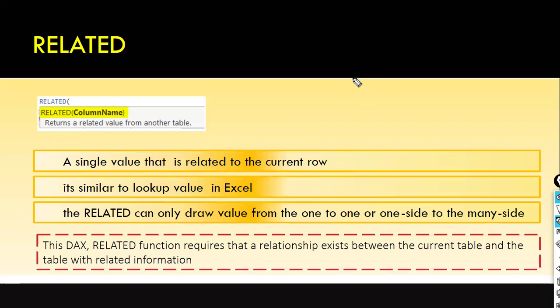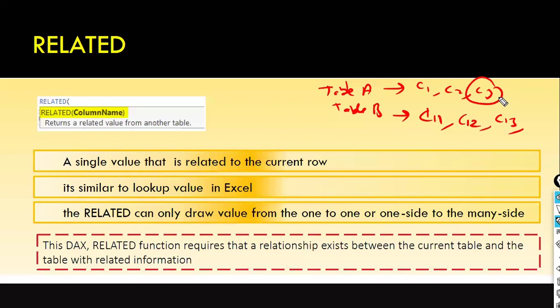I'll just write it here. I have table A and table B. In table A, I have columns C1, C2, C3. And in table B, I have column 1, column 2, column 3. In addition to that, I want this column to be part of this table.